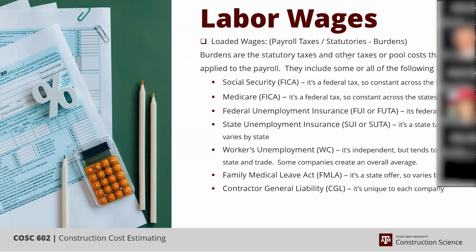Social Security, Medicare, federal unemployment, state unemployment, what I call FICA, FUI, SUI, and then workman's comp, family medical leave. Not everybody gets that. It depends on the state that you're in or the company you work for. And then company general liability, or contractor general liability.